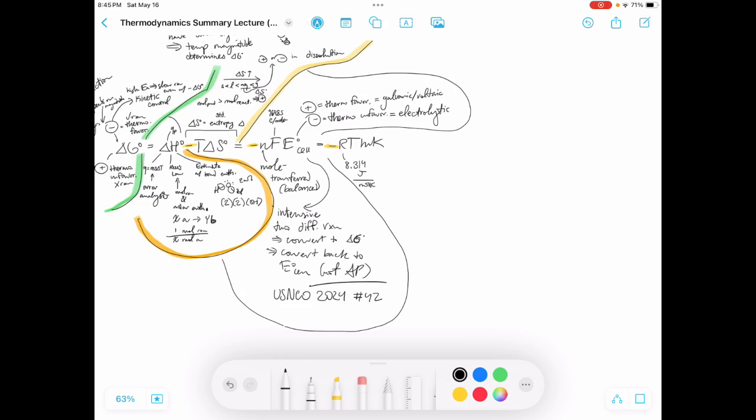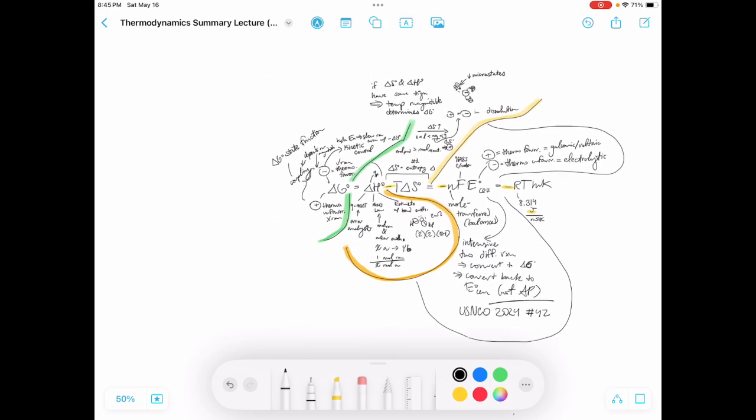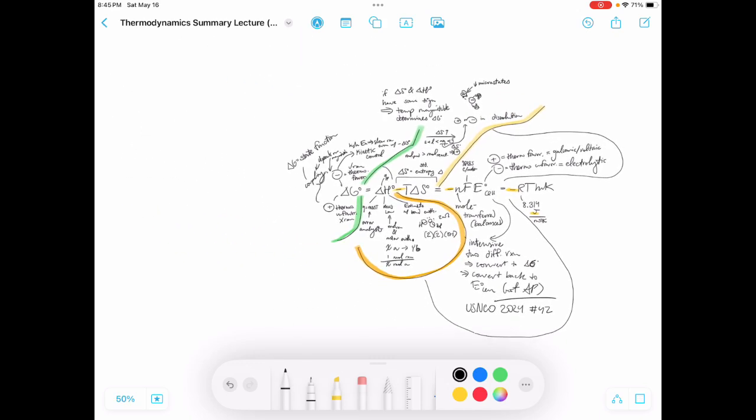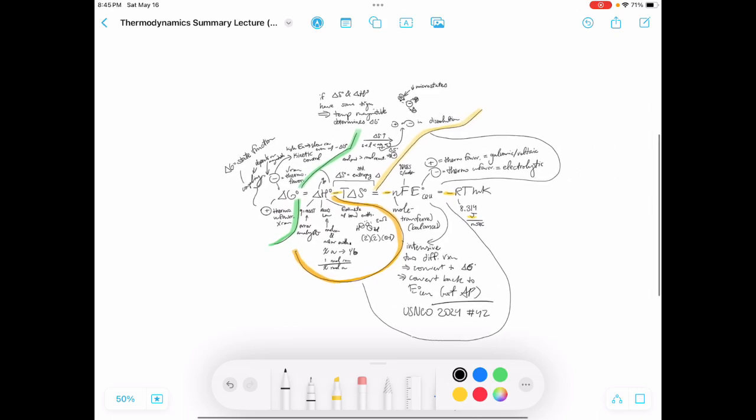We don't use 0.08206 because that's used for the ideal gas law and stuff, but not for thermodynamics. We need to work in joules. And units are important for jumping back over here with your delta H naughts and your delta S naughts. Those usually aren't in the same units, so make sure you're always paying attention to units in thermo.